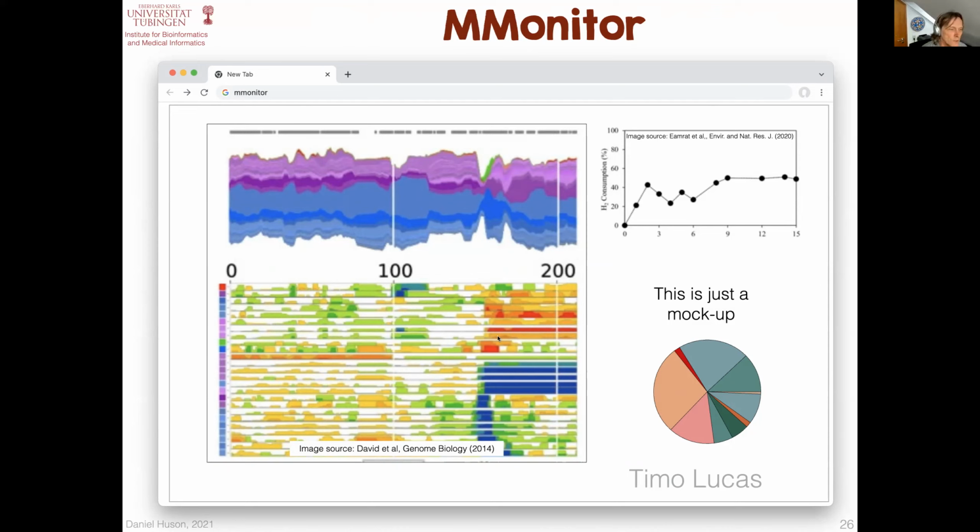This is a tool that runs in a web browser. There's a database on a server where the data is kept, and then anywhere, if you want to know what's been going on in your bioreactor in the last couple of weeks, you can open this up in your web browser and say, okay, I can see something bad happened here, and the microbiome has changed and has never come back to what it used to be. That kind of thing. The first version of that is very close.